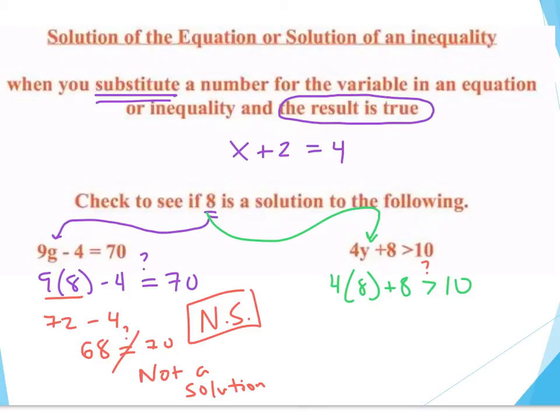I'm just going to worry about the left side because this one we have to clean up. So 4 times 8 plus 8, I'm going to do 4 times 8 first, order of operations. That's 32 plus 8, which is 40. So finish that off. Is 40 greater than 10? Check, it is. So what does that mean? If 40 is greater than 10, this is a true statement. So that means 8 is a solution to this problem.